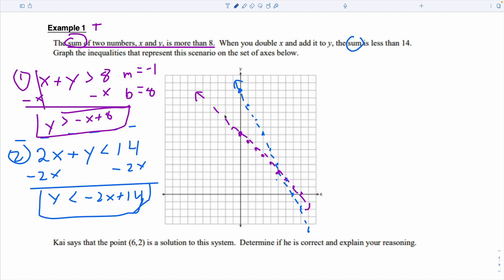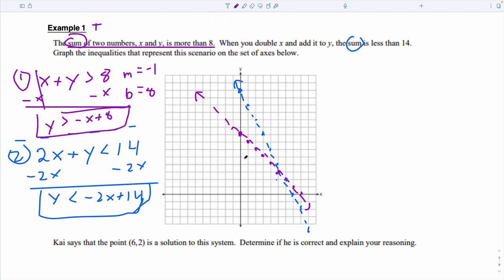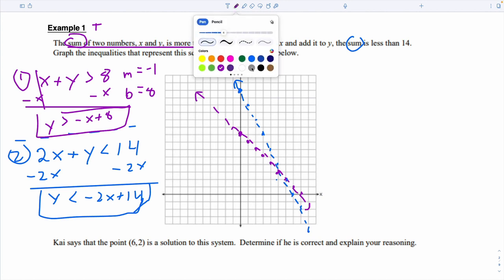Let's shade the first one. Andrew, would I go above the purple line or below it to shade? Its y is bigger than, so if it's bigger than it, all the x values that you plug in would give you a point that was above that line.